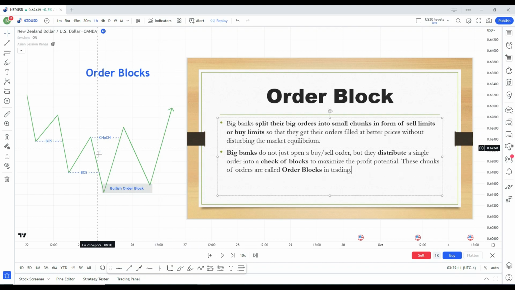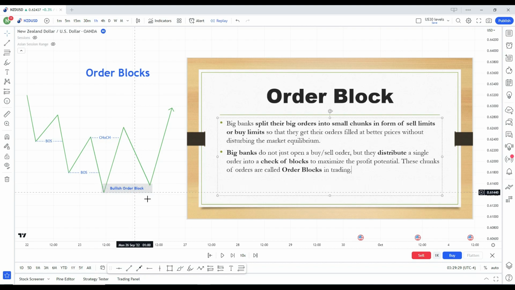So this is a change of direction from a downtrend to an uptrend, and therefore this makes a valid order block, which is indicated by the last bearish candle here.